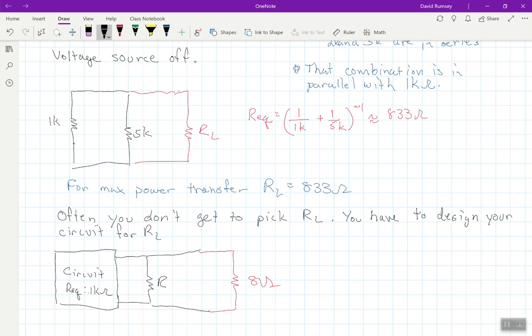If I set that R at 8 ohms, the new Req is 1K in parallel with 8 ohms, which would be 8 times 1,000 divided by 1,008.